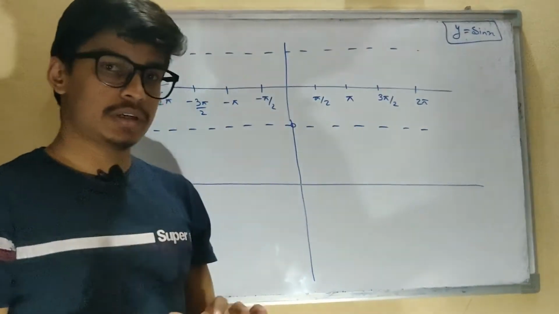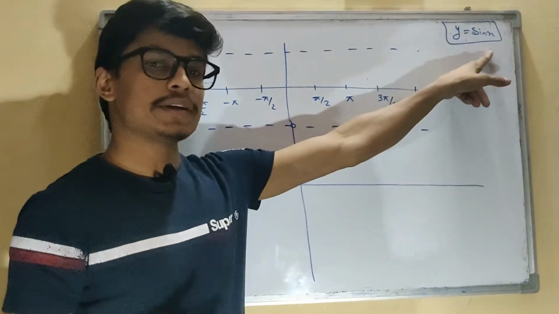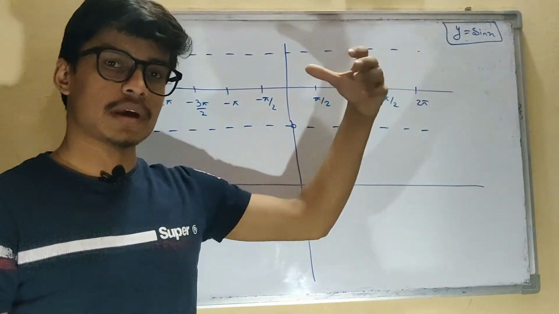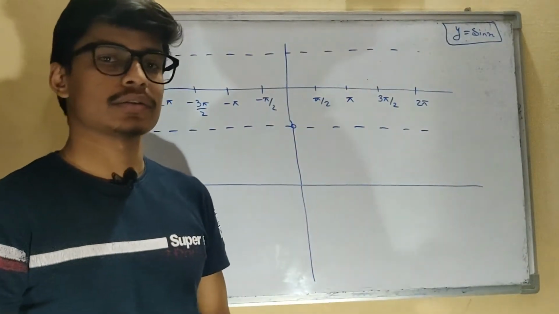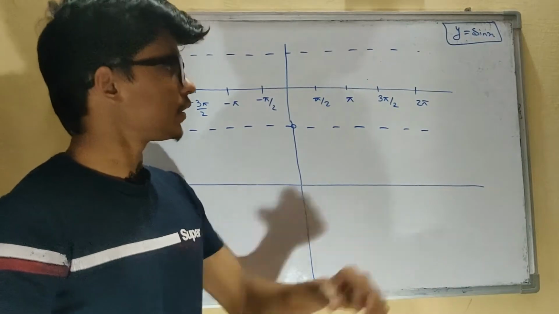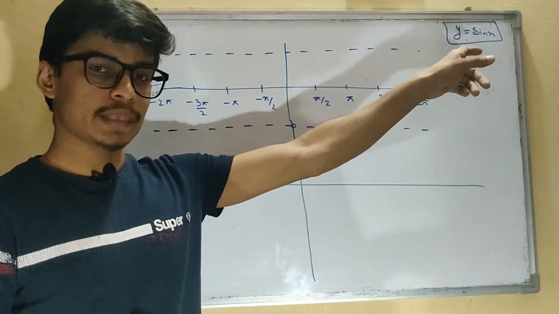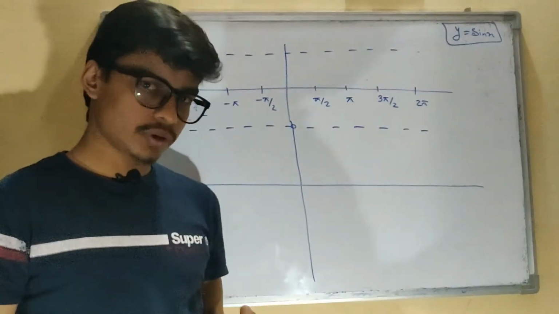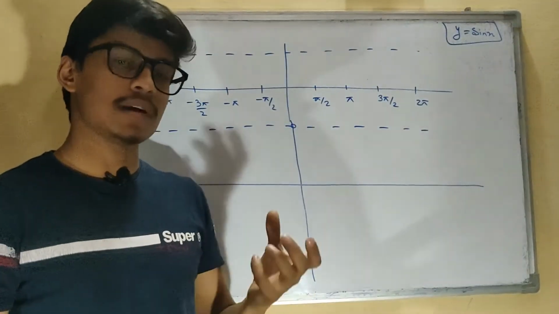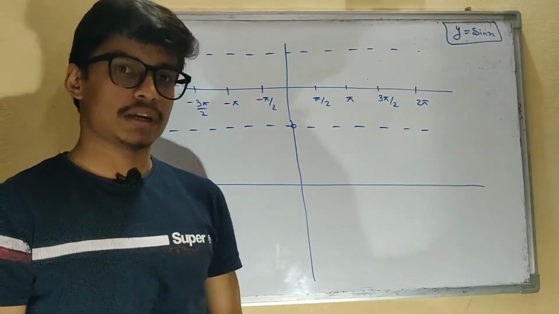If you don't know what they are, I'm going to tell you. x is known as the domain, all the possible values of x that you can put in sin x, for which sin x is defined. And the possible values of y that you get is the range.